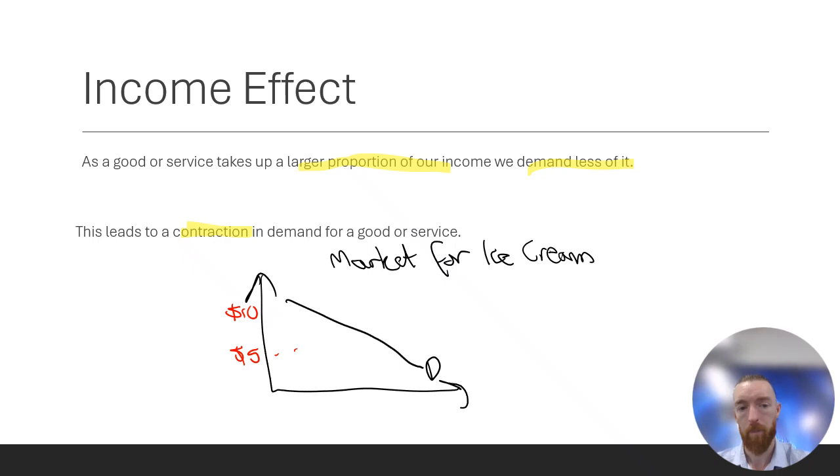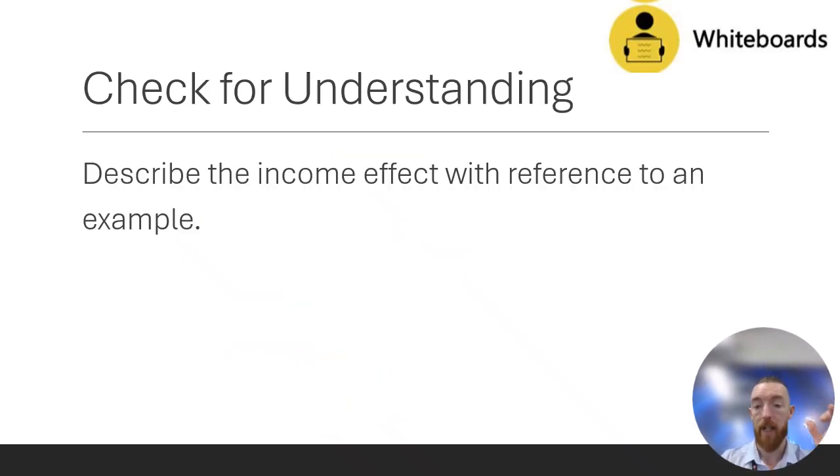As that happens, because of the income effect, ice cream is now taking up a larger proportion of our income, and therefore we are going to demand less of it. So, as per the income effect, as ice cream gets more expensive, we demand less of it as it consumes a larger proportion of our income. So what I need you to do now is on your whiteboard, describe the income effect with reference to an example.